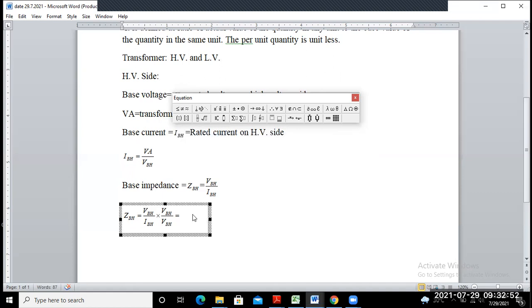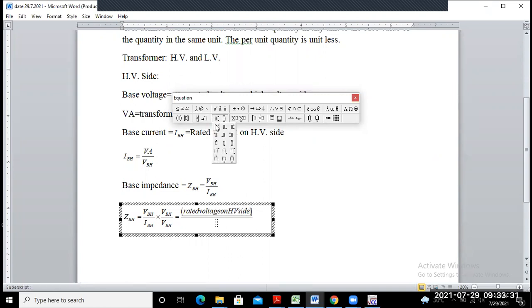So just write here: the rated voltage on the HV side whole square, since VBH into VBH, so rated voltage on the HV side whole square.